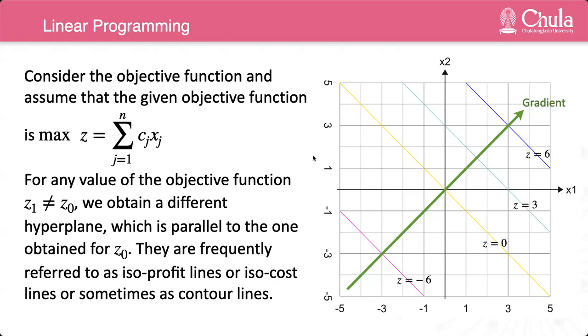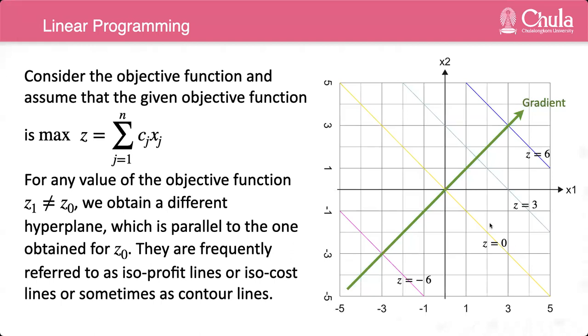This function can be the same. I mean, for example, if this function is 0, we have a set of coordinates of x1 and x2 which have the same value of the objective function. And it can be like this, for example.